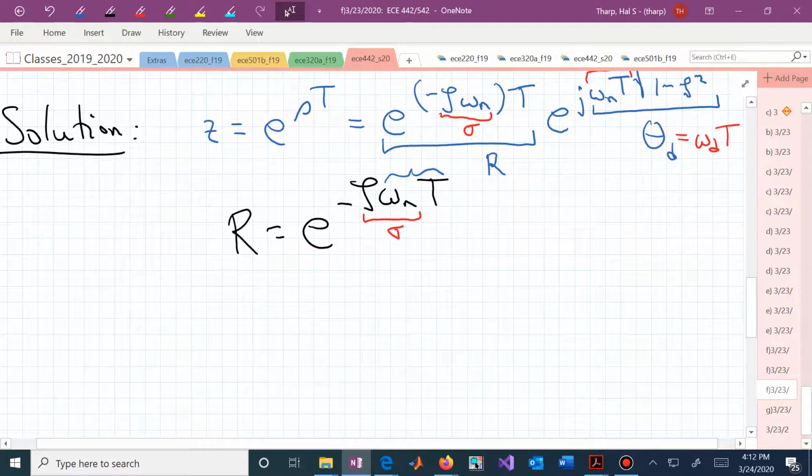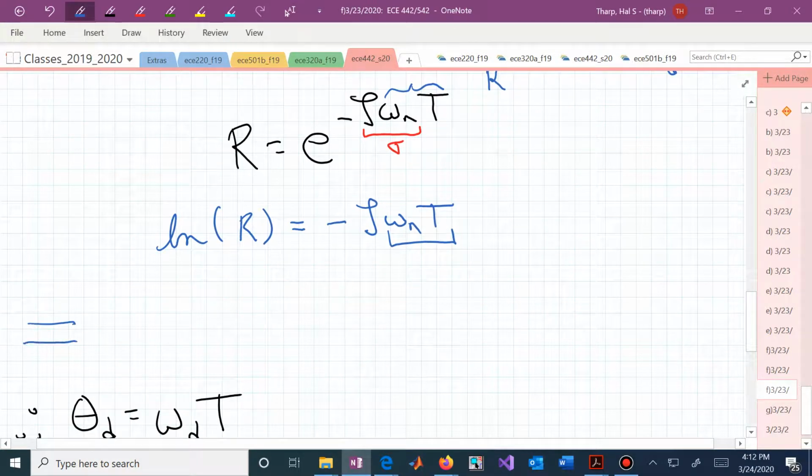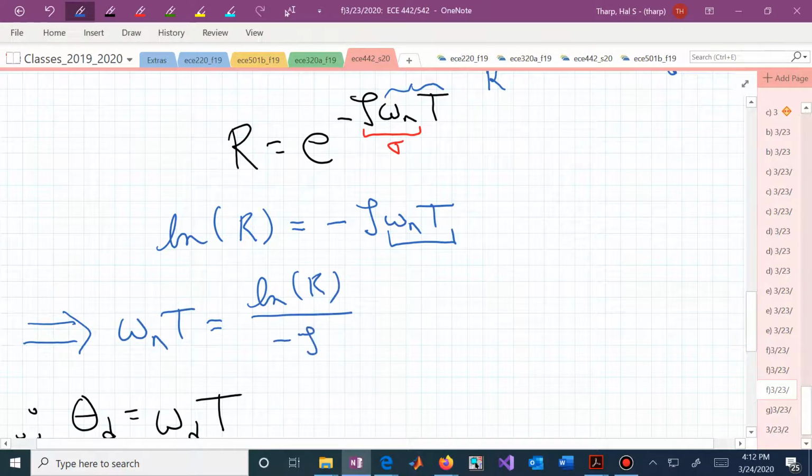That's where we're headed. If we take the natural logarithm of both sides, the natural log of r is minus zeta omega sub n t. And this is what we're trying to isolate. We can find that omega sub n t is the natural log of r divided by minus zeta.